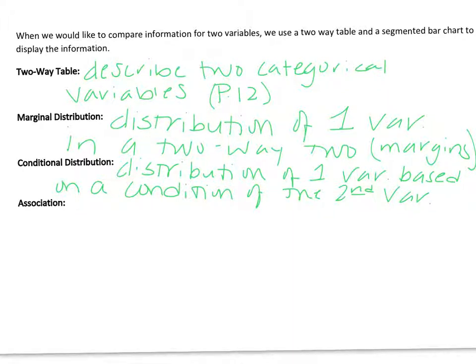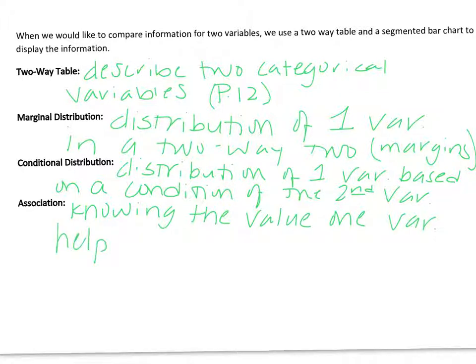And then the last definition we have here is an association. Association typically means some sort of relationship, being related in some way or another. We will say that there's an association between two variables if knowing the value of one variable helps to predict the value of the second variable.